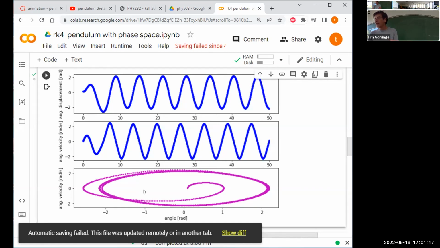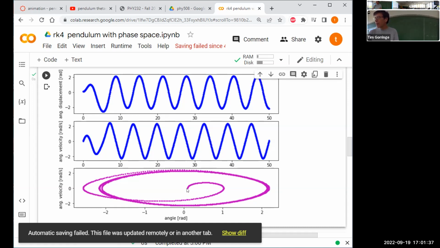Downstairs here is, again, the phase space plot. I'm plotting horizontally the angle, vertically the angular velocity, and we're seeing the system evolve from some initial state. It's here.